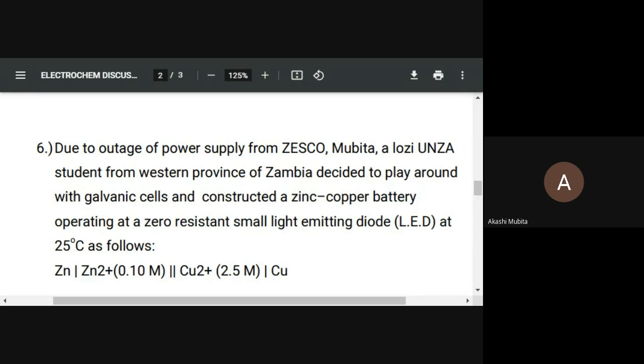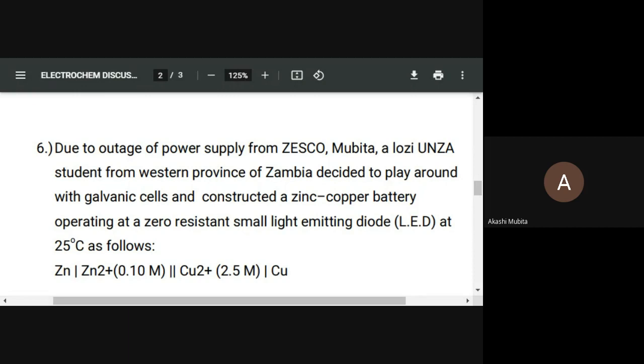Okay, let me read this in the chat section: Zinc is a reducing agent since it is causing copper to gain electrons.